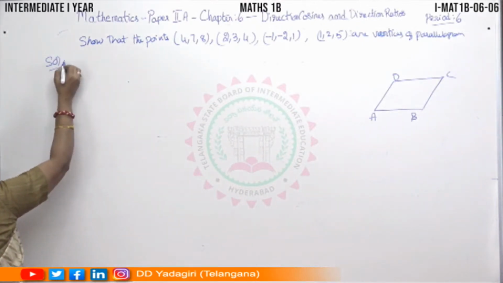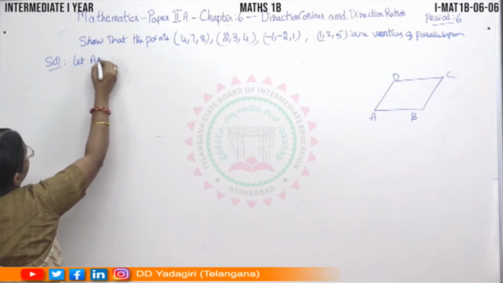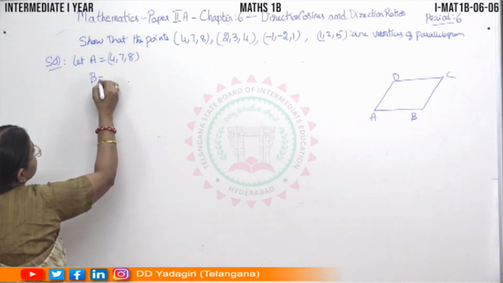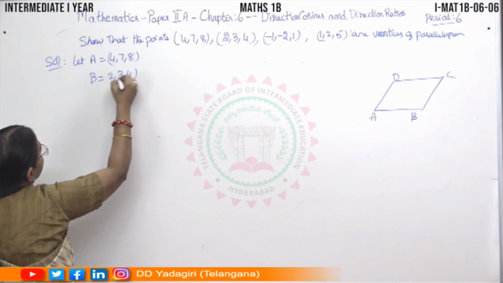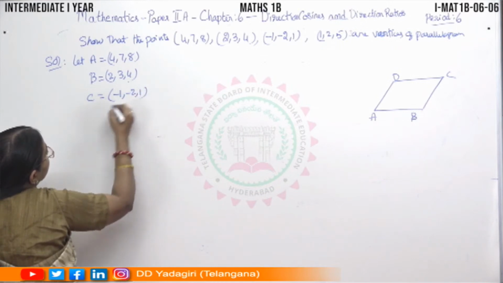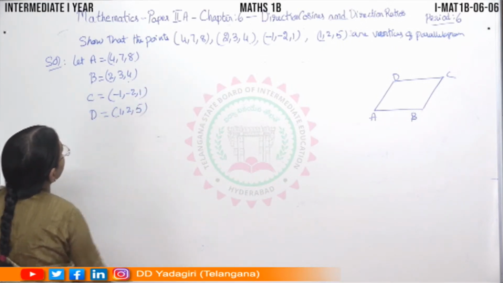So now we'll take the vertices as A, B, C, D. Let A be 4, 7, 8. B is 2, 3, 4. And then C is -1, -2, 1. D is 1, 2, 5.